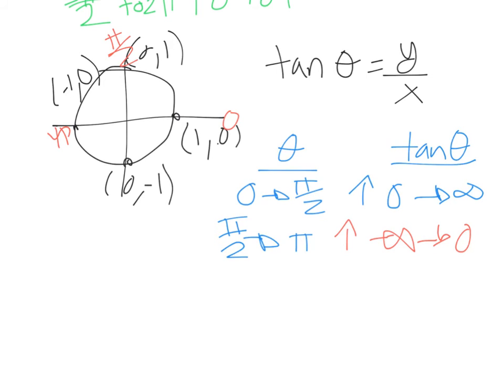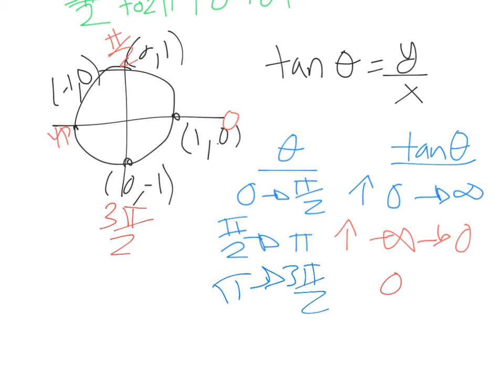Then if we look at pi to 3 pi over 2. All right, this is 3 pi over 2 here. We just said at pi we were at 0 over -1.